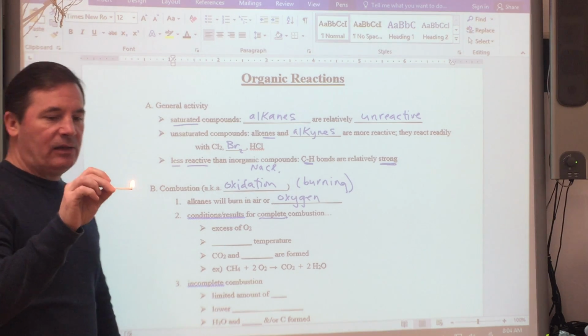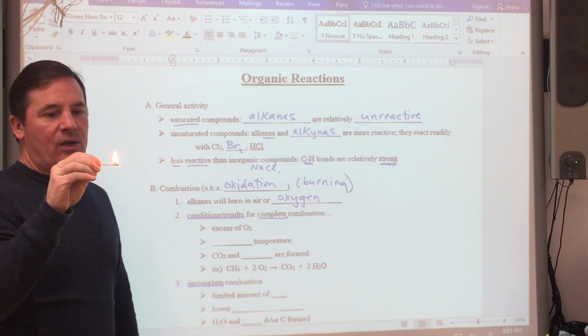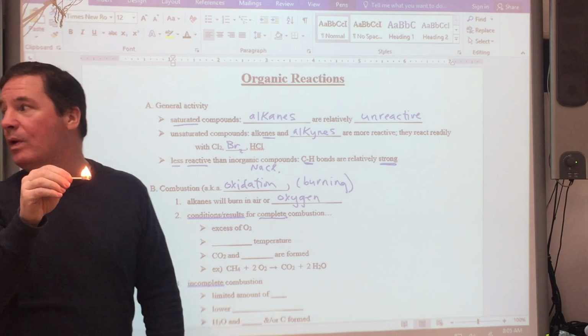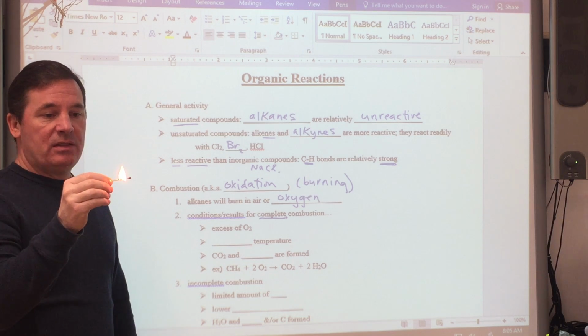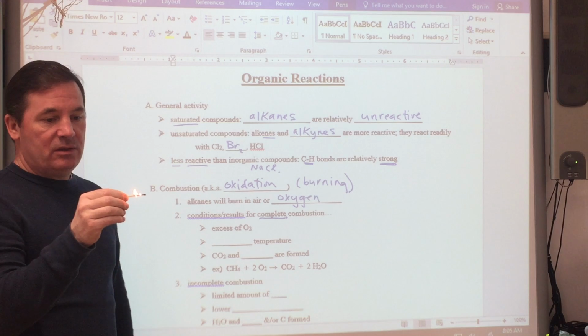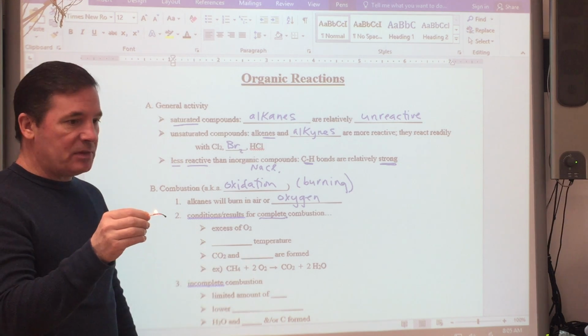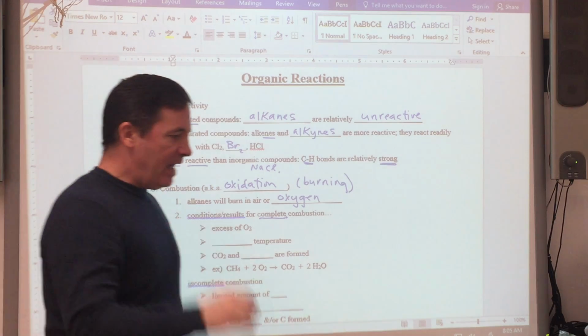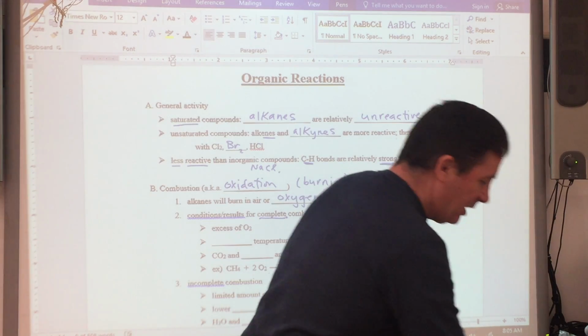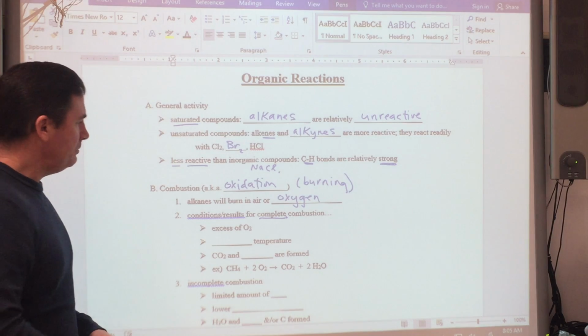You can see how yellow that is. That yellow is something that we don't want when we have the Bunsen burners going. If I were to put something glass under there, it gets all sooty, and that's evidence of the incomplete burning of it.